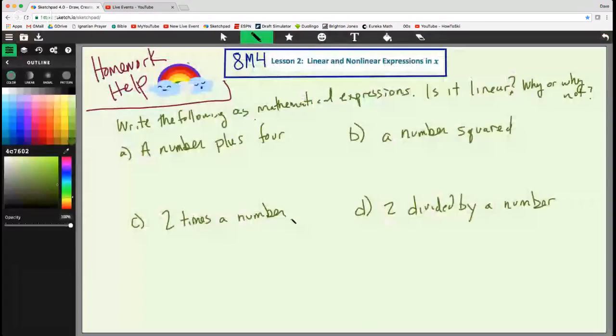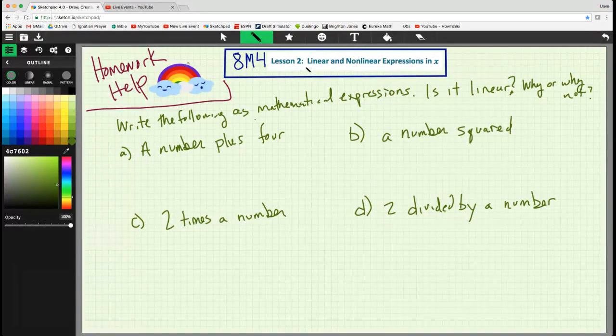The whole key of this lesson 2 is we're going to use the building block of lesson 1 along with what we learned in lesson 2 and answer some questions. Lesson 1 was all about taking words and converting them into equations or expressions. Lesson 2 is identifying linear expressions. So we're going to put those two together.